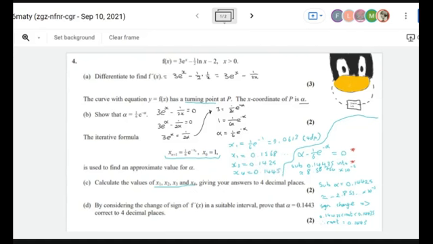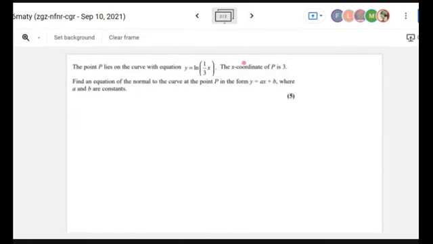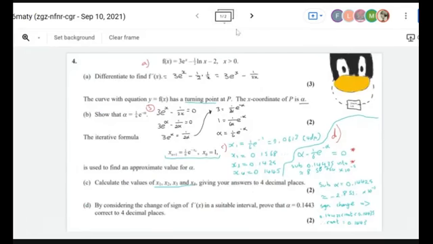Underneath that blue line is all the last part. So that's part D. And that's part C. And then that's part B. And then that's part A. Any questions there? Any other questions?